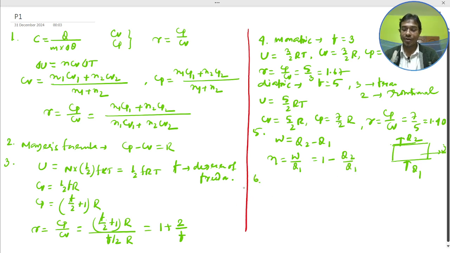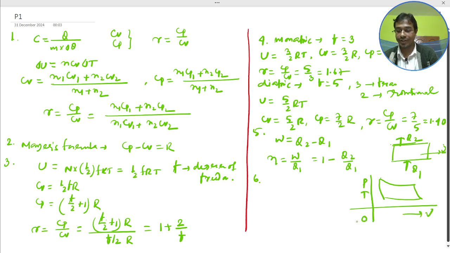Next, efficiency of Carnot engine. This is the PV graph. This is the origin, and here the temperatures T1 and T2. This is adiabatic and this is isothermal, adiabatic, isothermal.